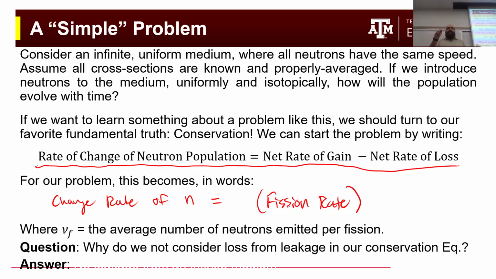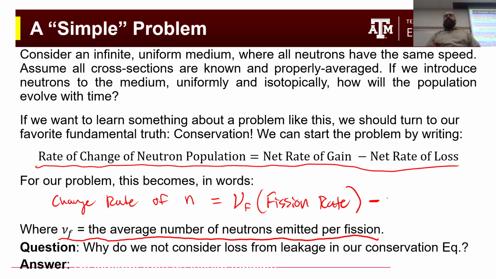That fission rate has units of fissions per second, so we need a multiplier up front that says how many neutrons we get per fission. We use the symbol nu, which kind of looks like a V but a little curvy. Nu sub F represents the average number of neutrons that come out per fission event. If you multiply those two together, that's my production rate of neutrons, with units of neutrons per second.